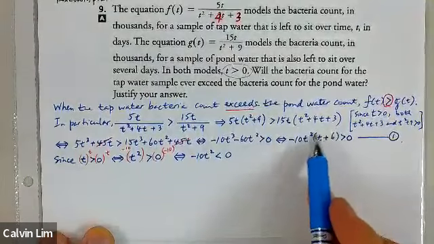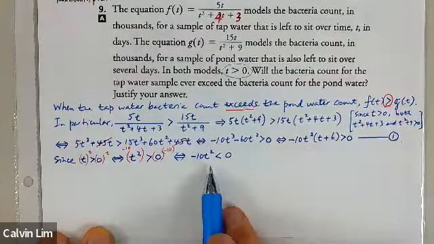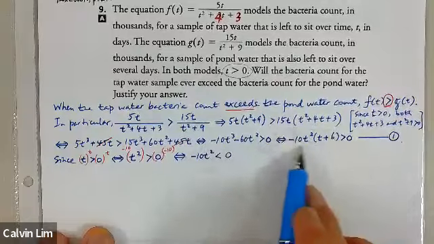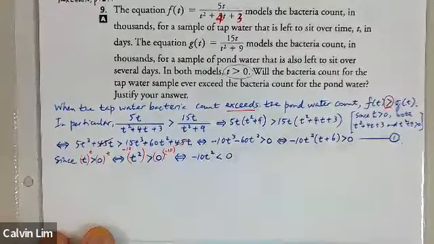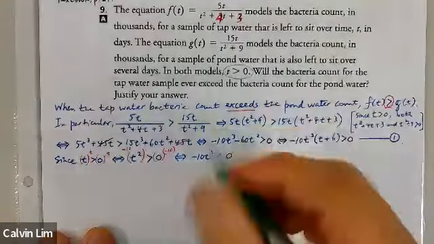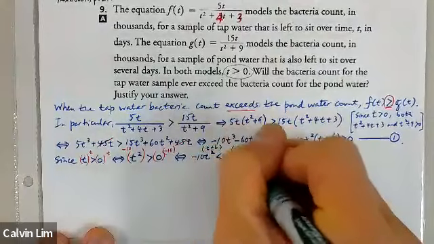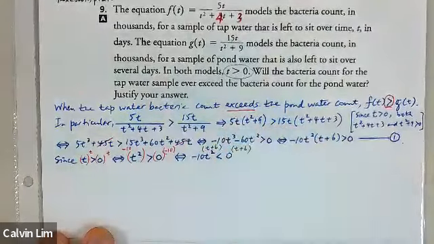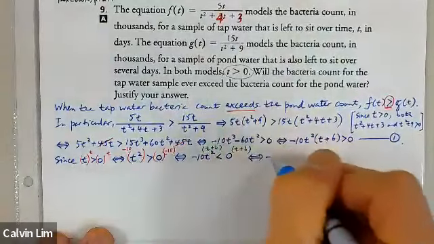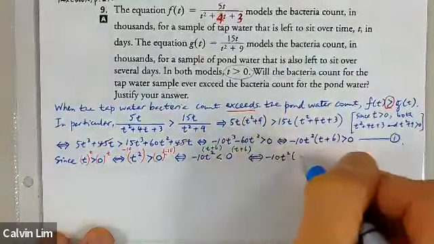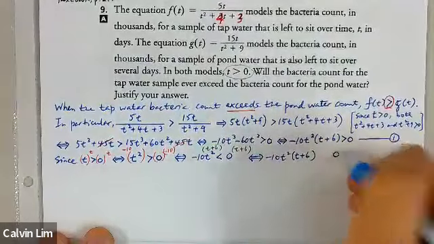Next, I want to multiply both sides by t plus 6 so that the left side will be exactly like the left side of inequality 1. The inequality becomes negative 10t squared times t plus 6 is less than 0.